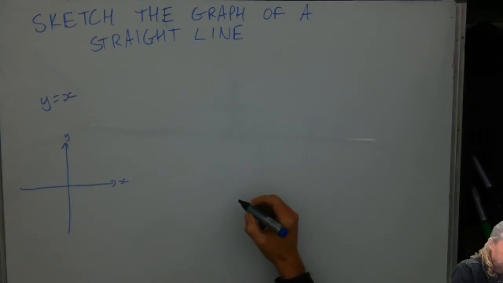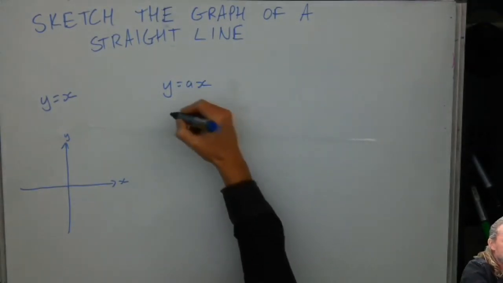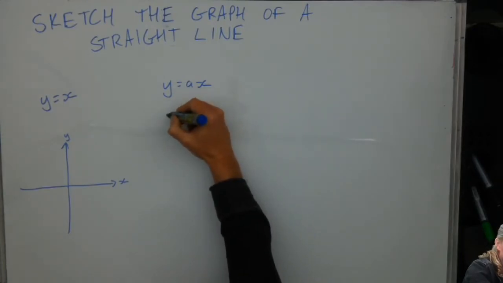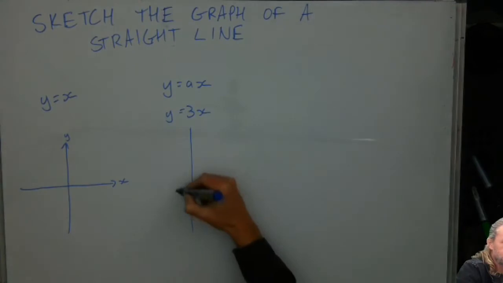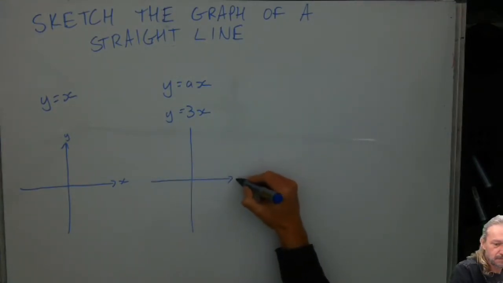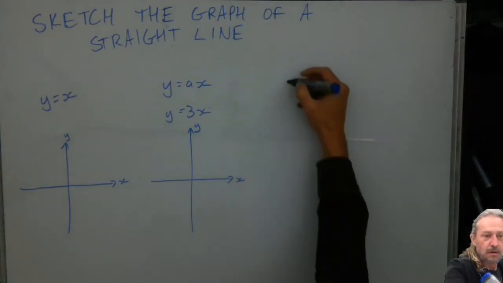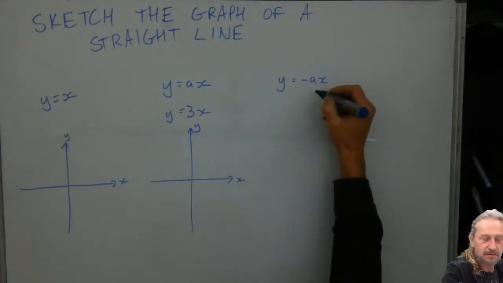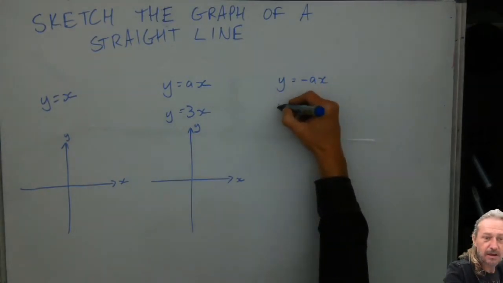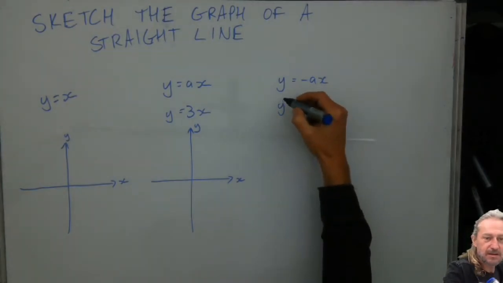Let's just write all these out first. y equals ax, so an example is like the one we just did. y equals -ax, so let's say y equals -5x.